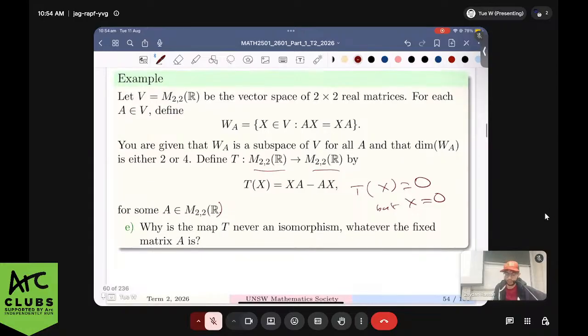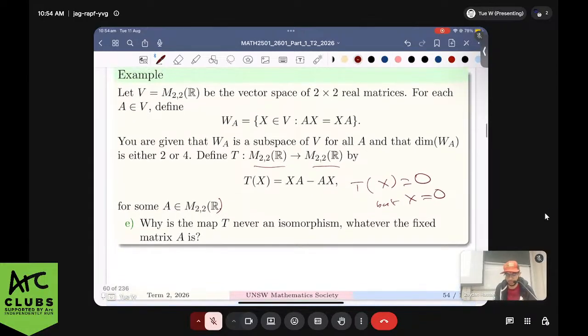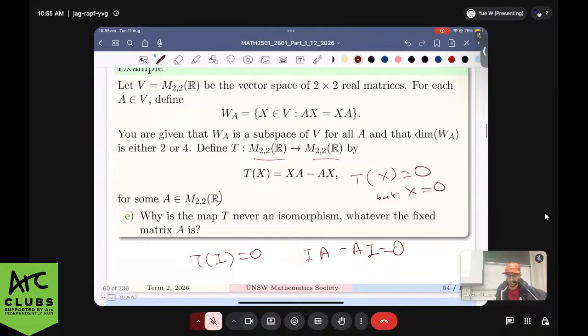This is similar to that previous example. You can take X to be the identity because IA minus AI is A minus A, which is 0. But X equals I is not 0. So you have T of the identity matrix is 0, but I is not 0. Therefore, this is not injective. It can't even be invertible.